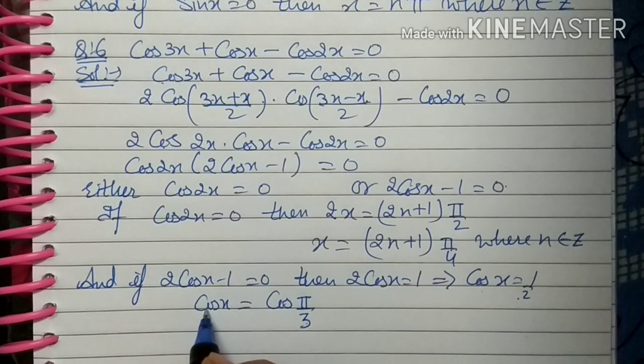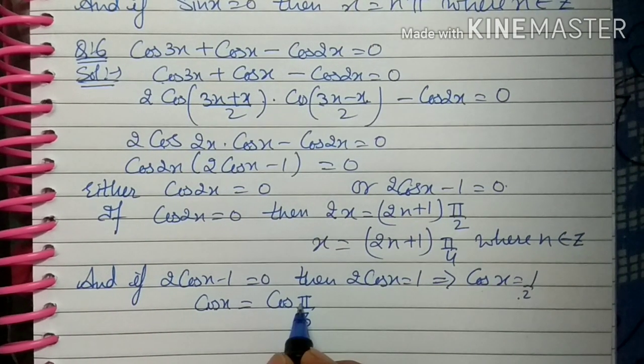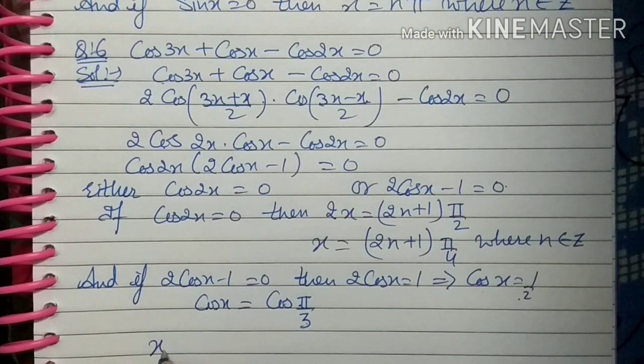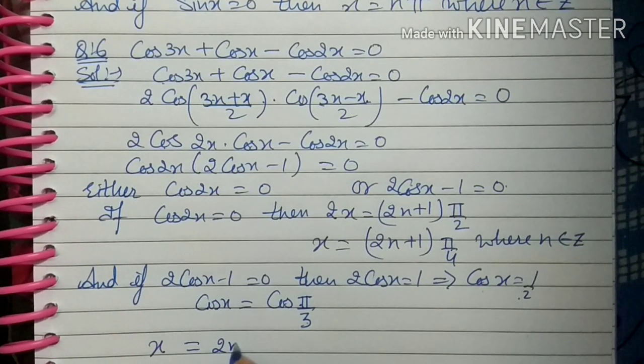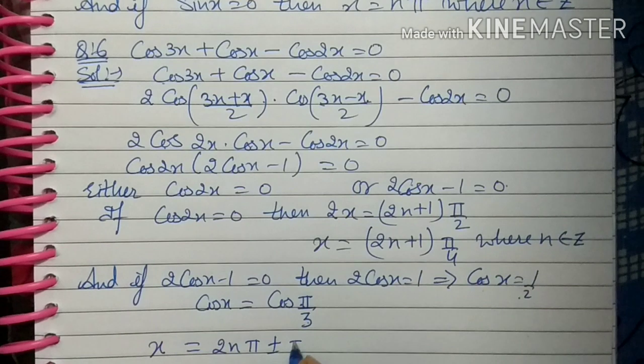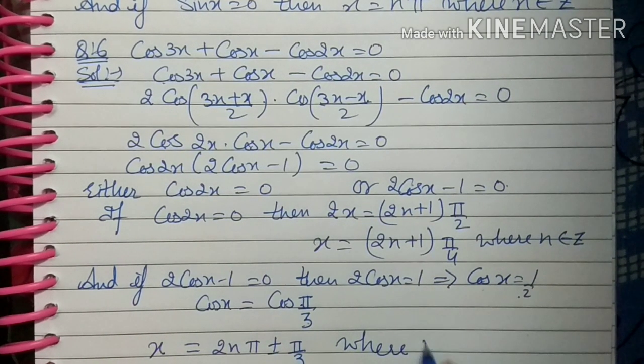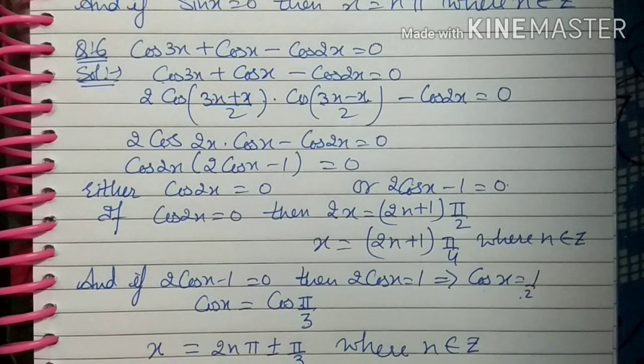Then we will apply the formula cos x equals to cos y, then x equals to 2n pi plus minus pi upon 3, where n belongs to set of integers. So question number 6 is done here.